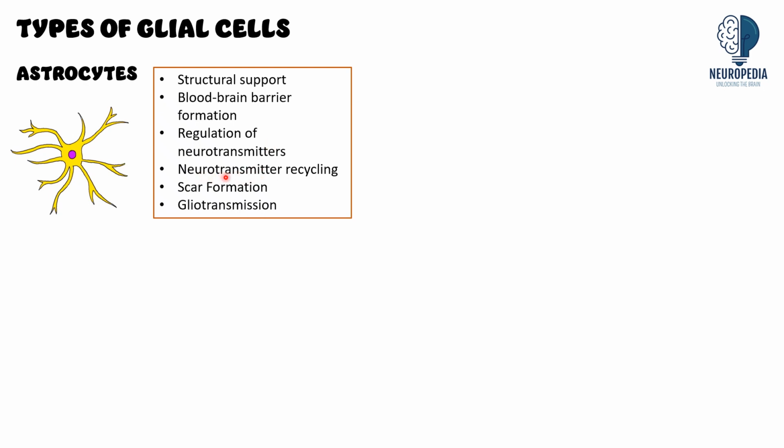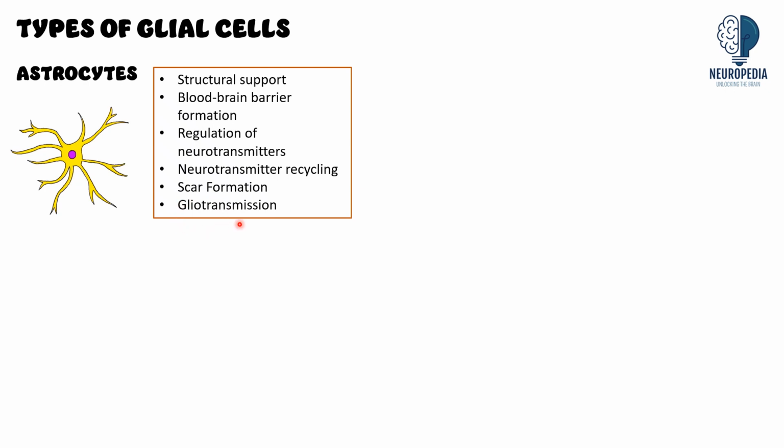They are also involved in neurotransmitter recycling. They take up neurotransmitters released by the neurons after signaling. They break down and recycle neurotransmitter components, which can be used to synthesize new neurotransmitters.